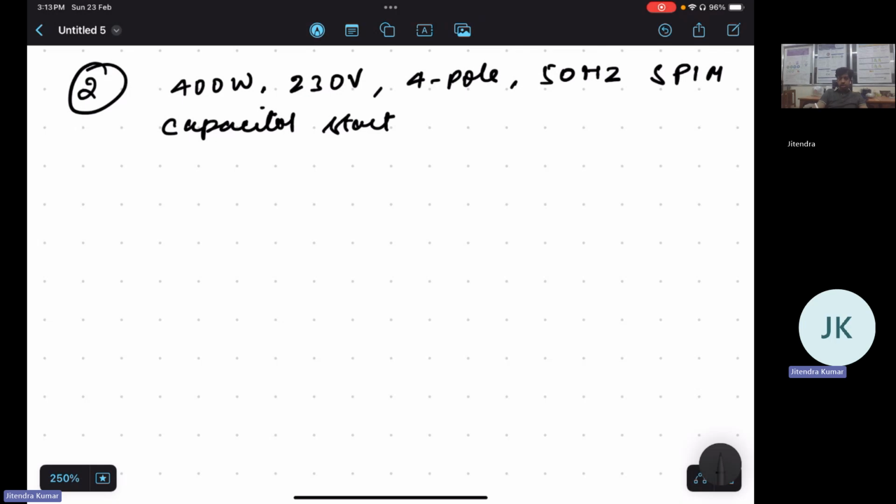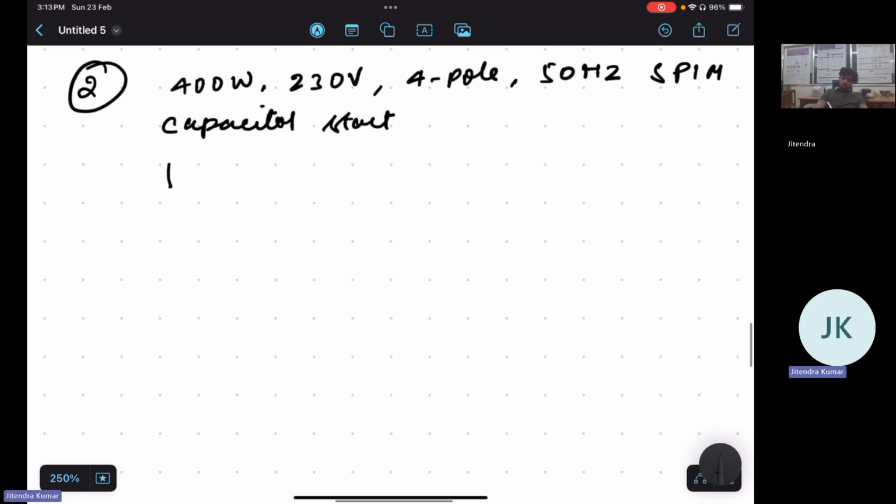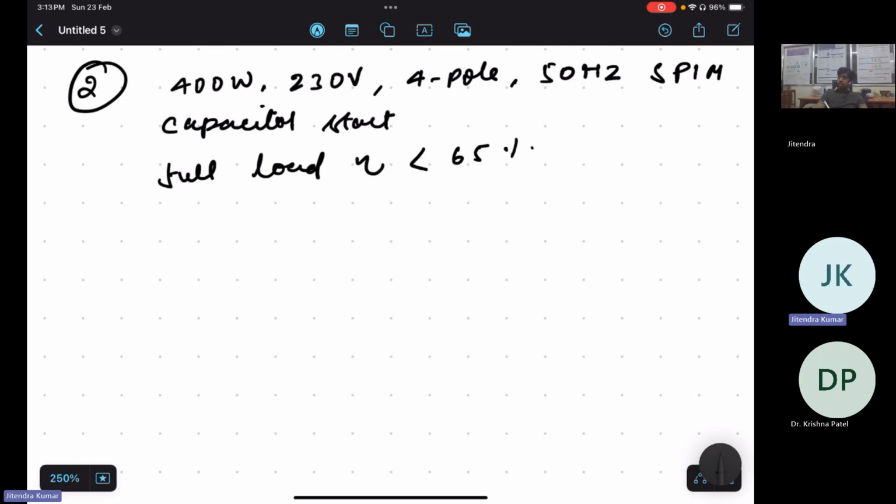Full load efficiency and power factor should not be less than 0.65 and 0.62. So full load efficiency should not be less than 65% and full load power factor should not be less than 0.62.